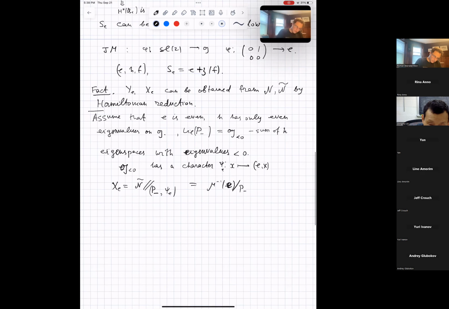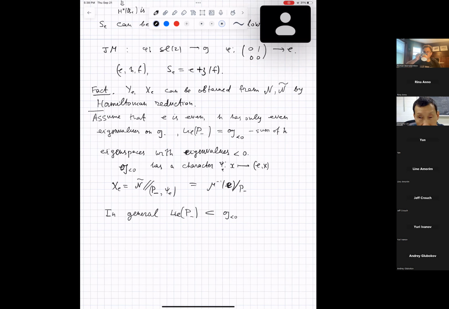And in general, it works in a similar way, but the Lie algebra of P minus will not be the whole g_{<0}. Where is psi_E on the right-hand side? I thought that you make a Hamiltonian reduction not at 0, but at the character.